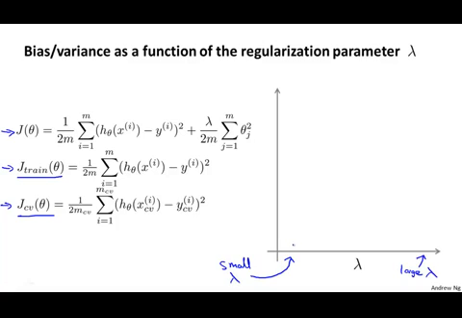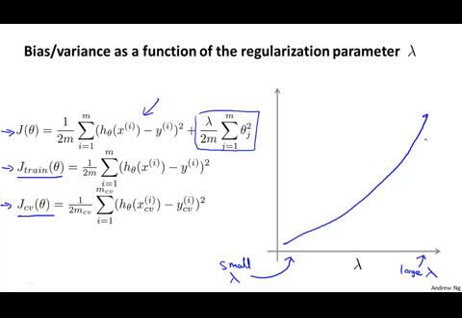So if you plot JTrain and JCV, what you find is that for small values of lambda, you can fit the training set relatively well because you're not regularizing. So for small values of lambda, the regularization term basically goes away and you're just minimizing pretty much the squared error. So when lambda is small, you end up with a small value for JTrain. Whereas if lambda is large, then you have a high bias problem and you might not fit your training set well. So you end up with a value up there.